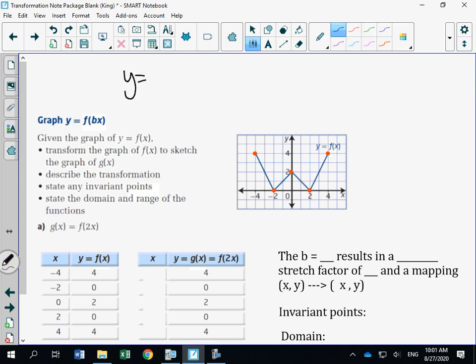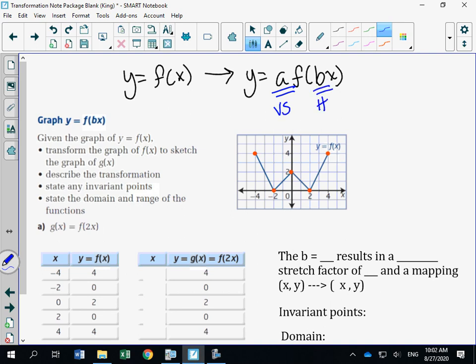So y is equal to f of x, and we're undergoing stretches. So we either have an a parameter or a b parameter, or we could have both. Y is equal to f of b x. If it's outside of the function, what we just did on the previous two examples, that's a vertical stretch. If it's inside the function, it's a horizontal stretch. So we're going to be looking at this b value, which is a horizontal stretch.